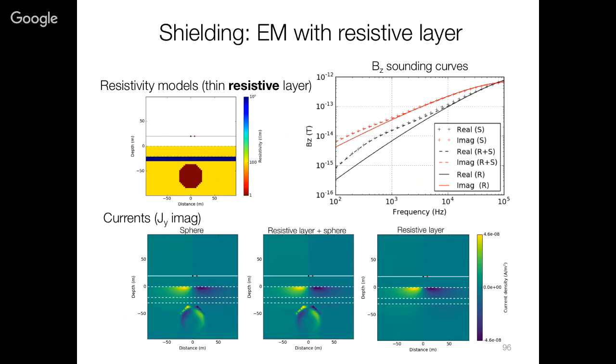And if we look at our sounding curves here, without a sphere, you get the red and the black lines. But with the sphere, and either with that resistive layer or without that resistive layer, you get these quantities here. So they basically exactly match.